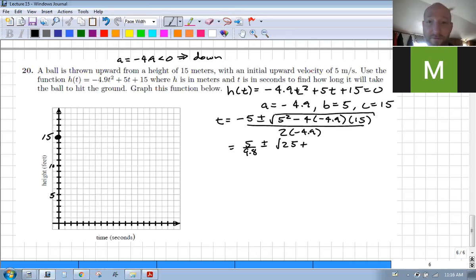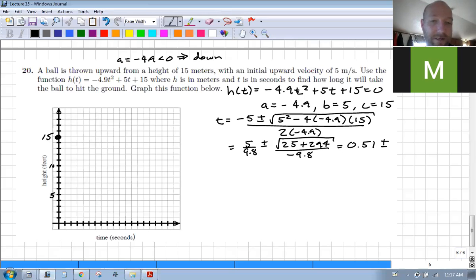Okay, we have 4 times 4.9 times 15, 294, all over negative 9.8. So 5 divided by 9.8 is 0.51 plus or minus. All right, 294 plus 25 is 319.